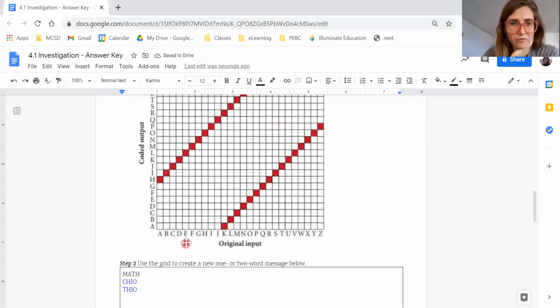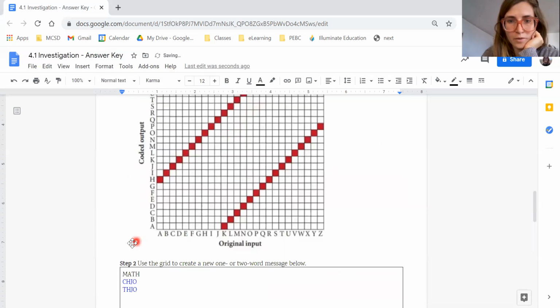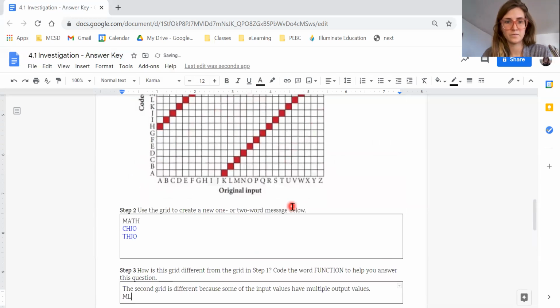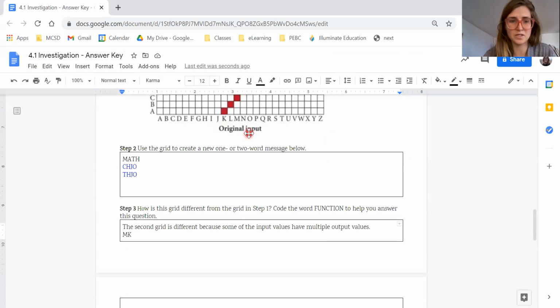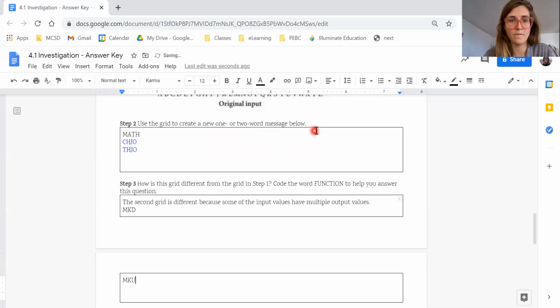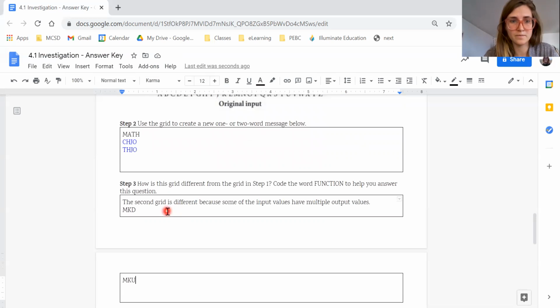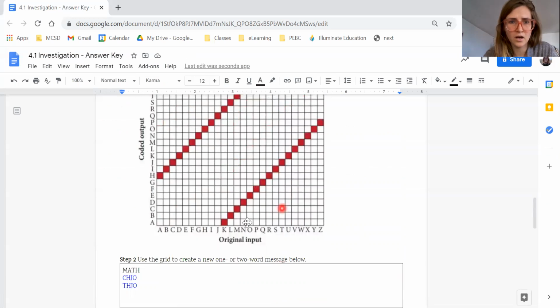So if we code the word function, I'd get F, codes to M, U will code to K, oops, not L, K, N codes to D, but it also codes to U, so D, or I could have MKU, okay, and then C codes to J, T will code to J. How does that work?